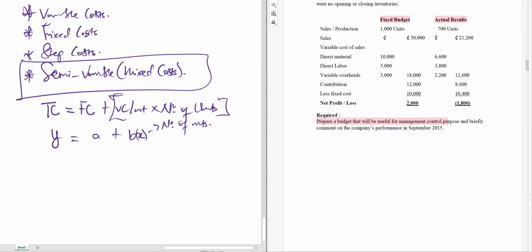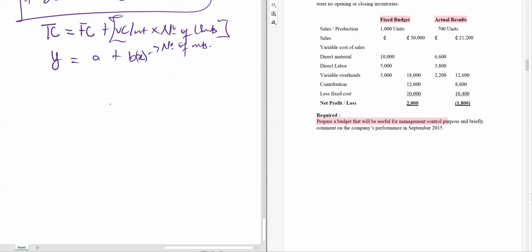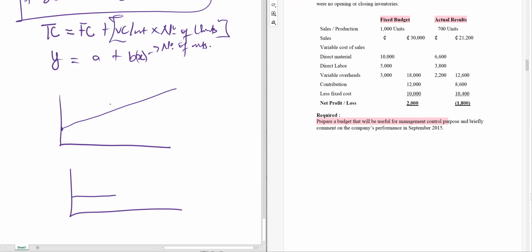So this is what we are saying. Most of the time, a semi-variable cost has a fixed component and a variable component. Sometimes it looks like this: it will be fixed up to some level and then has a variable component inside.